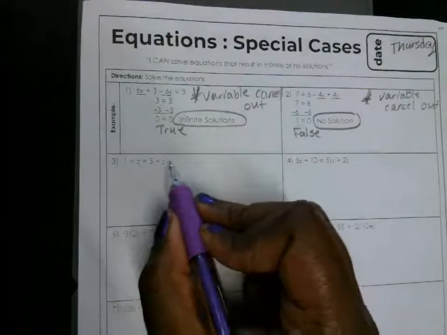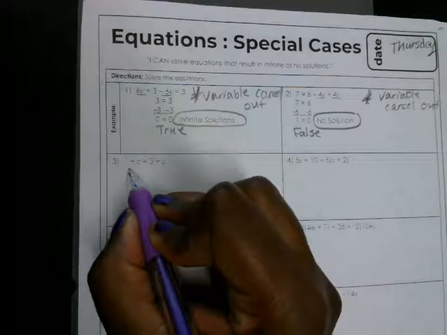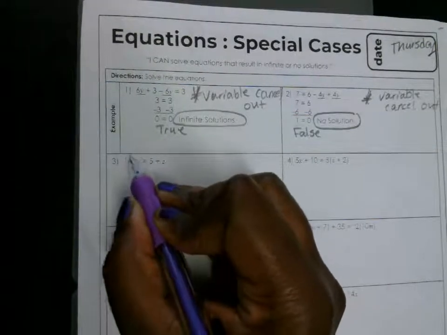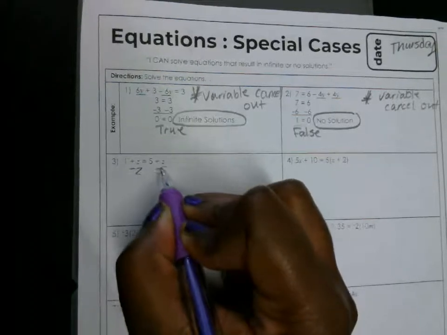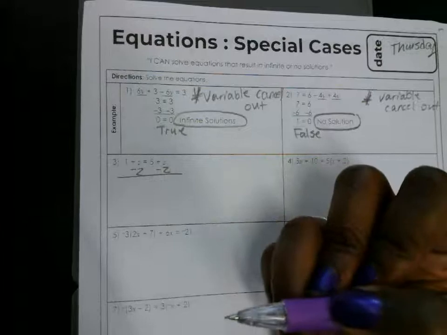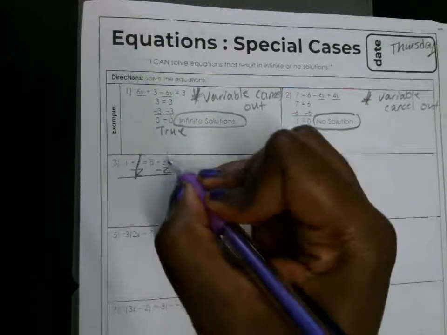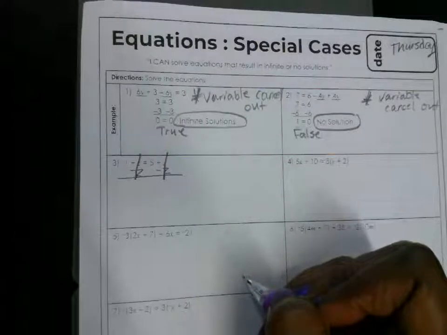Does it matter? They look the same. How would I move this variable? I subtract z on both sides. What's z minus z? 0. Do you see how they cancel out?